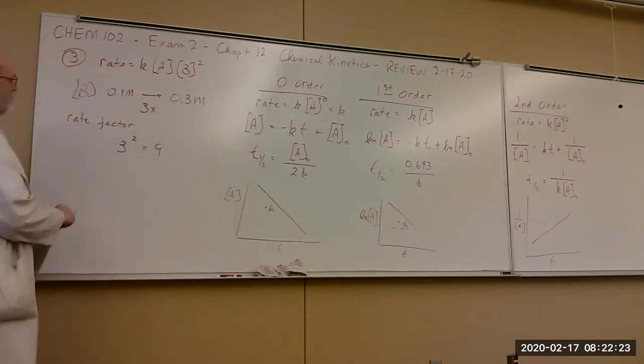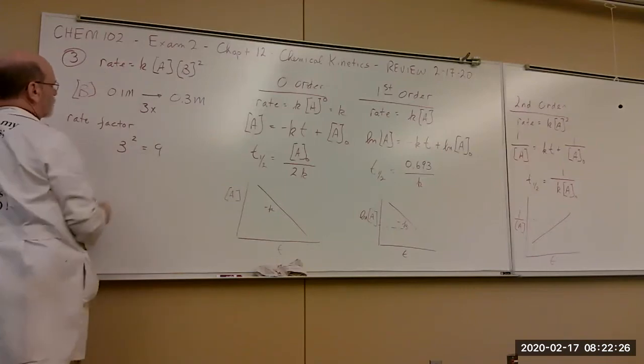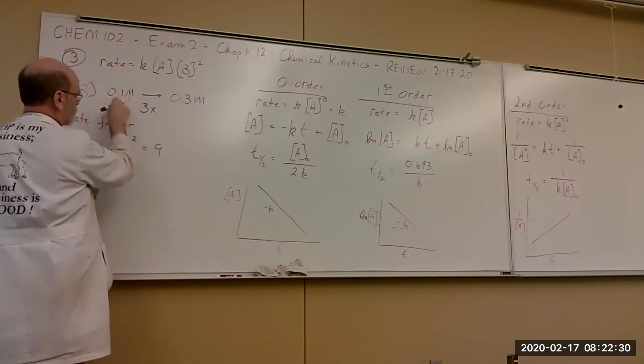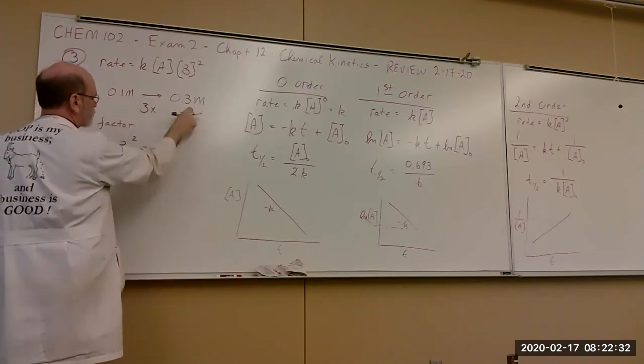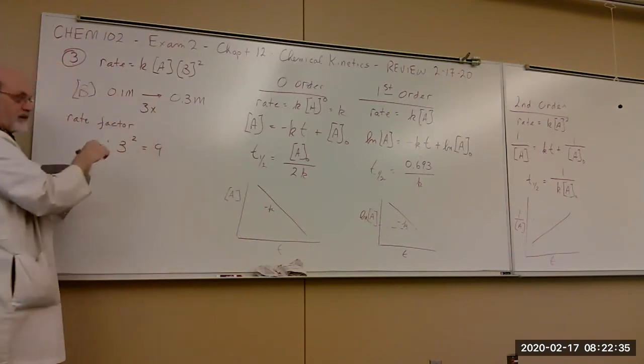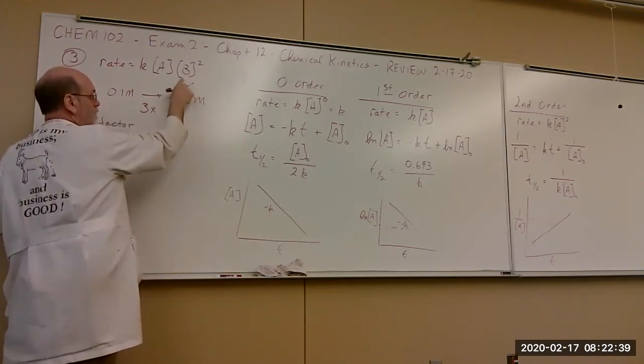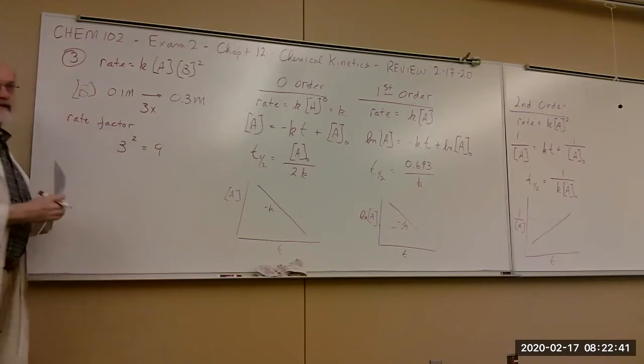No, the question is, how much did the rate increase? If only this happened, change B concentration from this to this, it increased 3 times. The effect on the rate is second order, which means 3 squared. So the effect is 9 times.